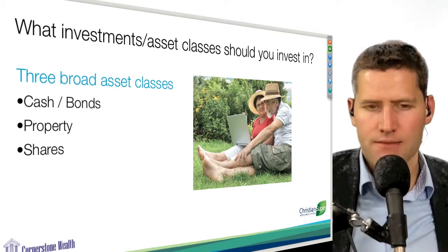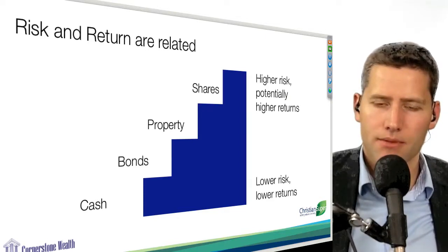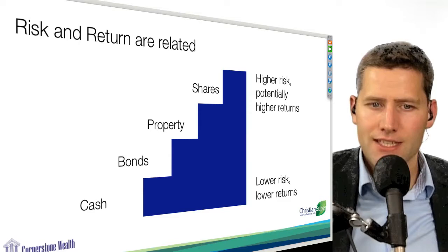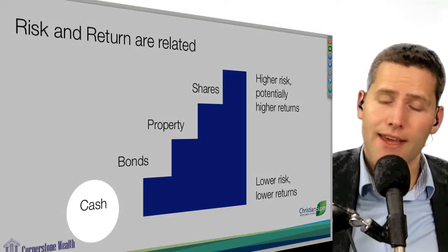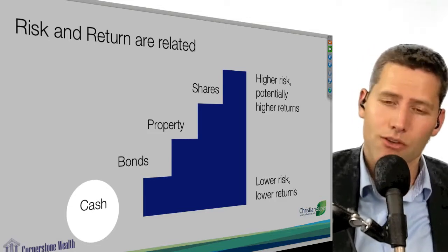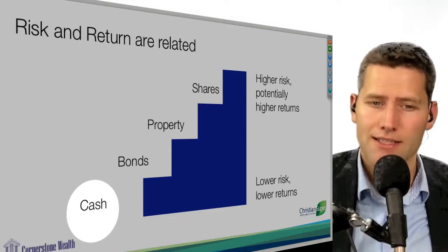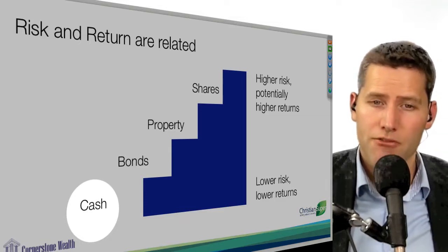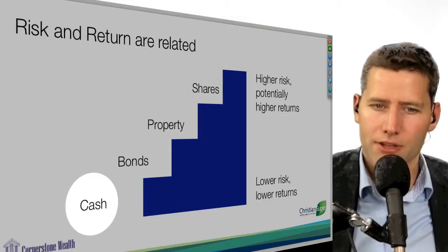If you look at the risk and return of those particular assets, then if you're investing in cash, generally it's the lowest risk and generally the lowest return. Now, over the past couple of years, it's probably provided a better, well, not the immediate last financial year, but the couple prior to that, cash probably provided a better return than the other asset classes, but that's where there's really negative markets.